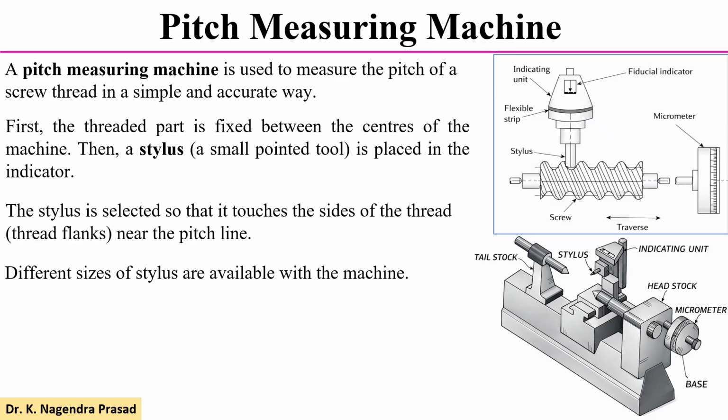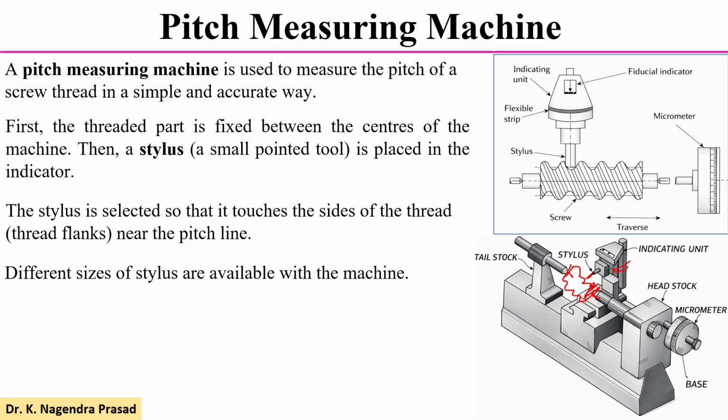In the schematic, observe that there are two centers, and between the two centers you fix this threaded part. Then this stylus, the pointed tool, is placed in the indicator part.